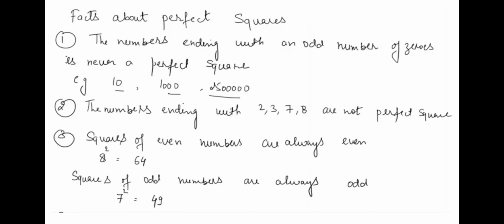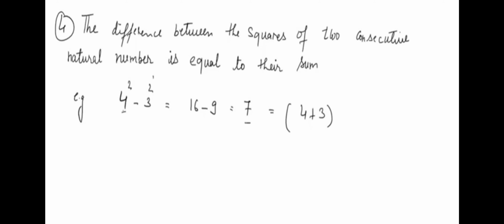Next one, fourth fact. The difference between the squares of two consecutive natural numbers is equal to their sum. Very simple and very important, students, for objective questions.